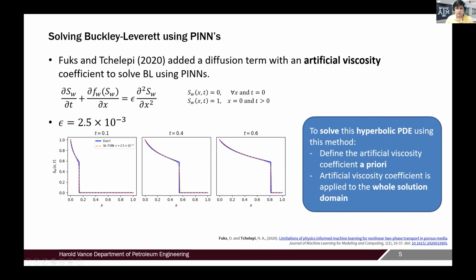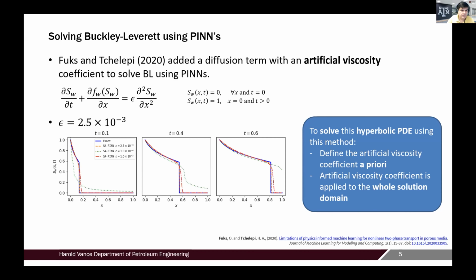To solve this hyperbolic PDE, in fact, this is not hyperbolic anymore if you add this term, we first need to define the artificial viscosity coefficient a priori and apply it in the whole solution domain. So we are applying this artificial viscosity in points where we do not need it. For example, here in the rarefaction, we do not need this. These artificial viscosity terms need to be applied only on this shock front.